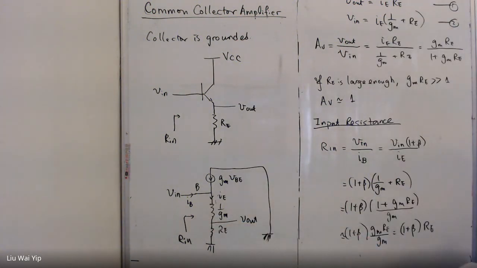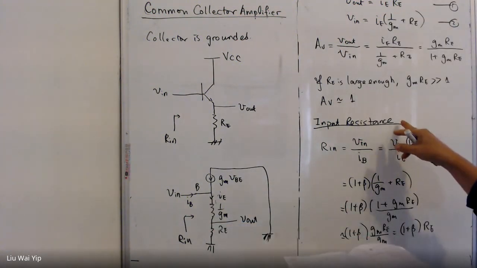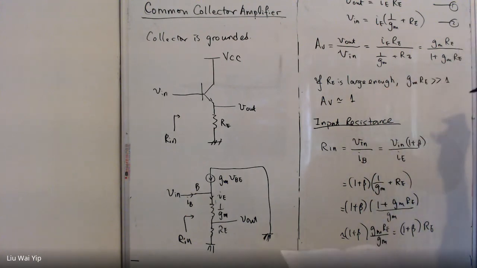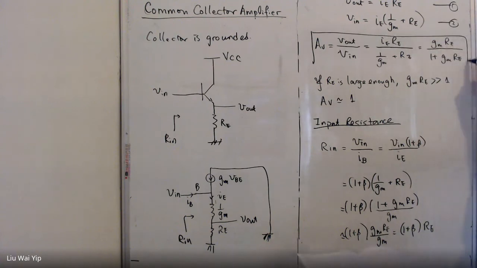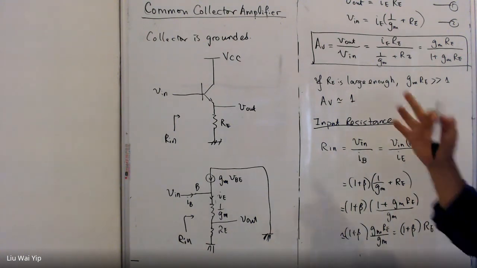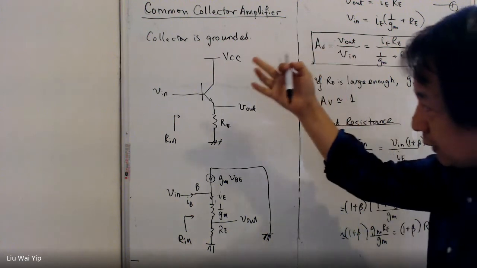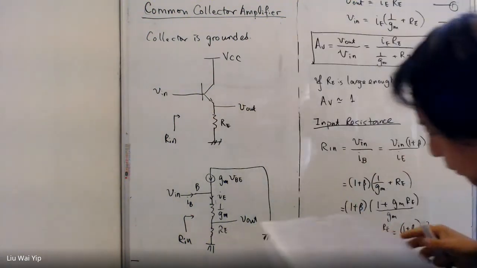Now, the input resistance is known, and the gain is almost 1. The input impedance is this value. The beauty of this circuit is it has a very large input impedance.